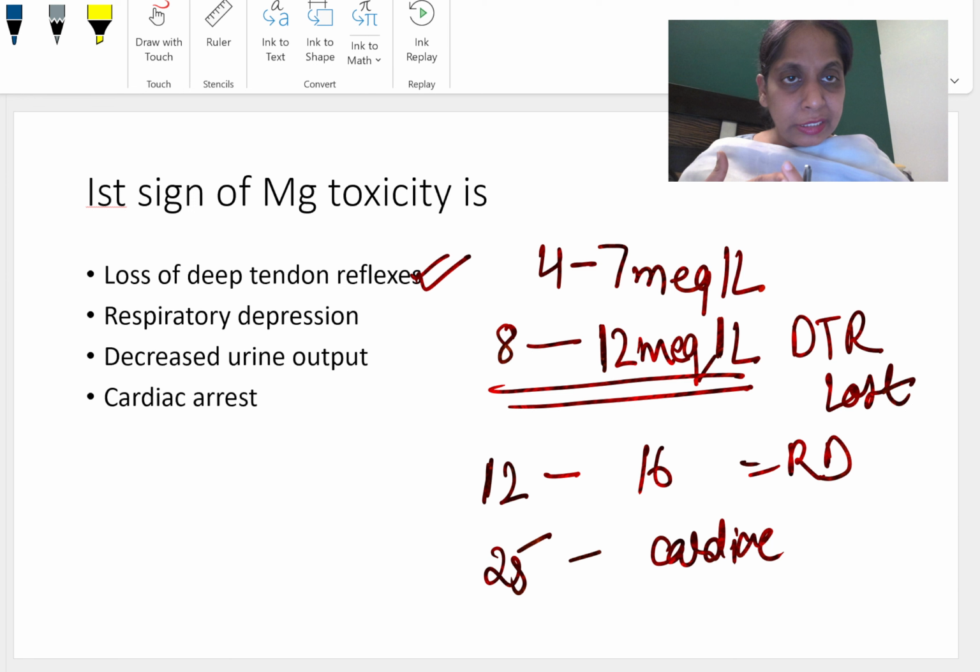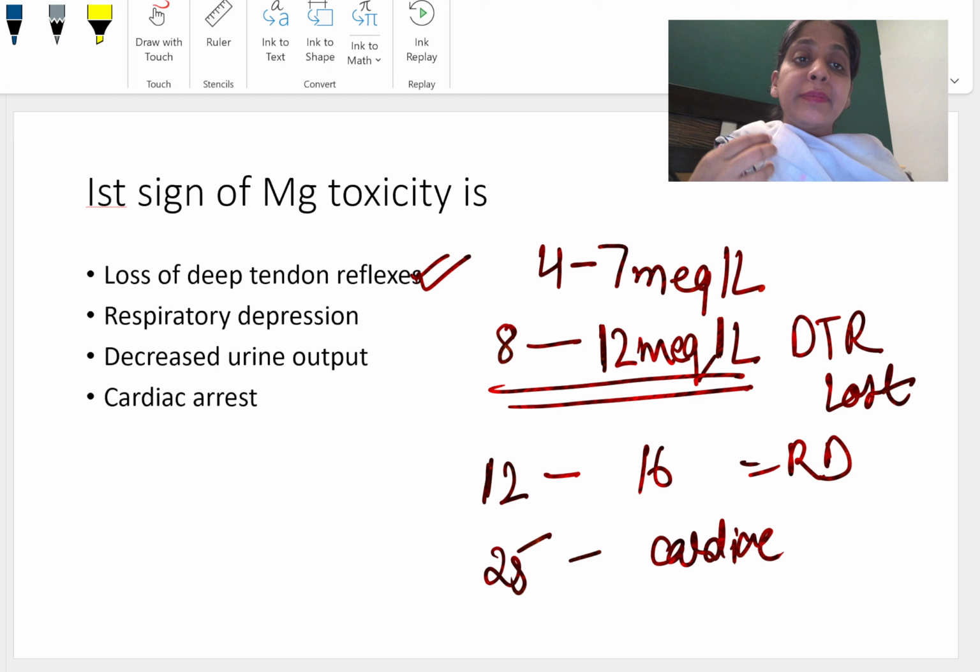It is not that magnesium is affecting the renal system, but we check urine output because the only source of excretion of magnesium is the renal system. As you know, the renal system quite often gets affected in preeclampsia and eclampsia. So if the renal system is going into failure, then magnesium will not be excreted out, and it will lead to magnesium toxicity.